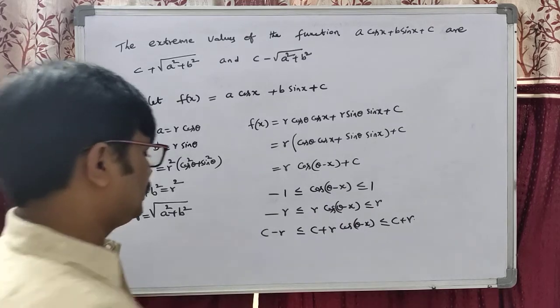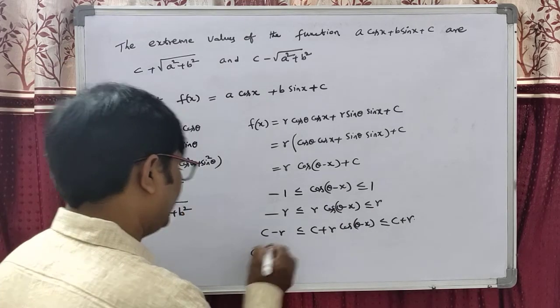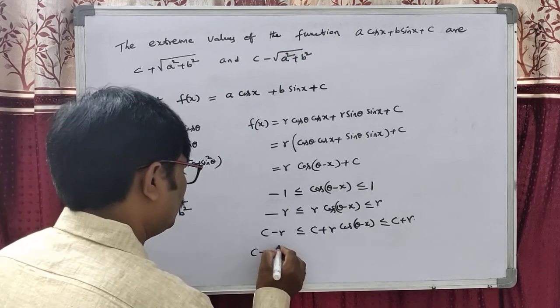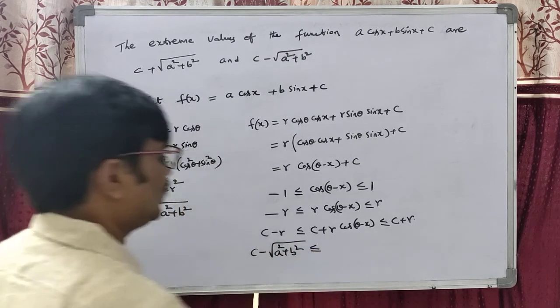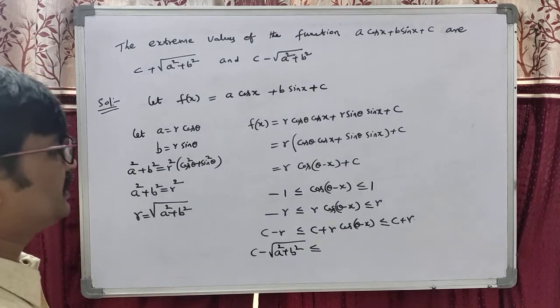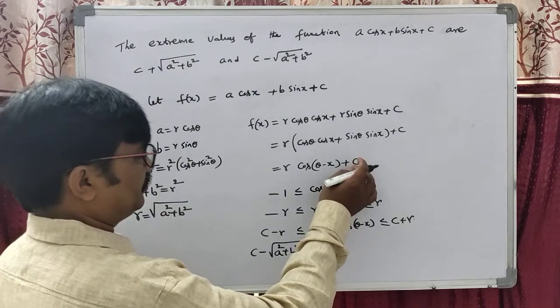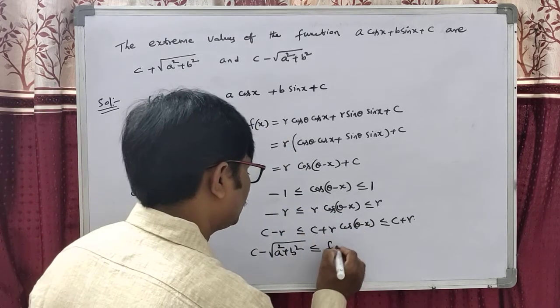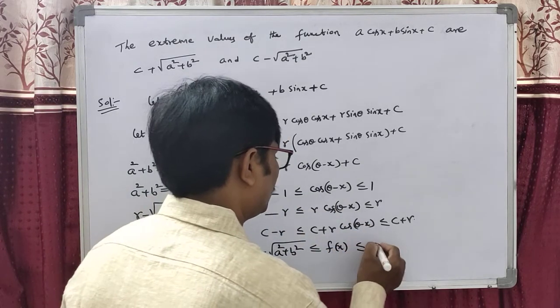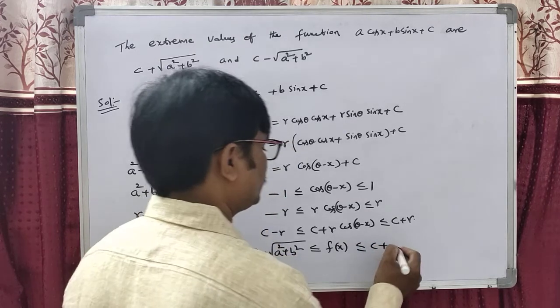Now students, c minus r is less than or equal to c plus r cos of theta minus x, which is f of x, less than or equal to c plus r.